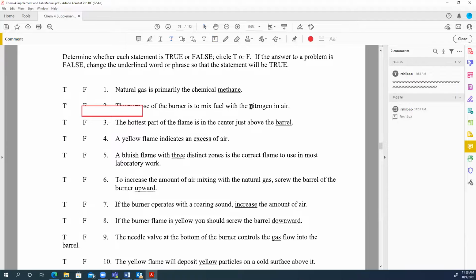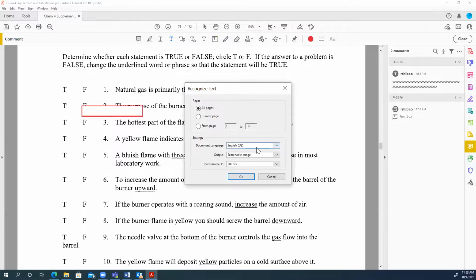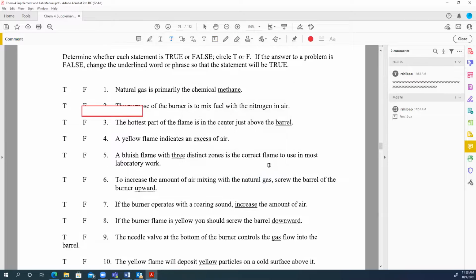So here. And so the correction here is going to be this.